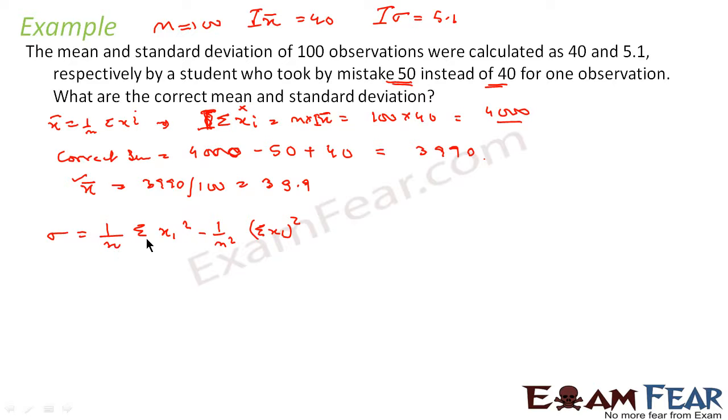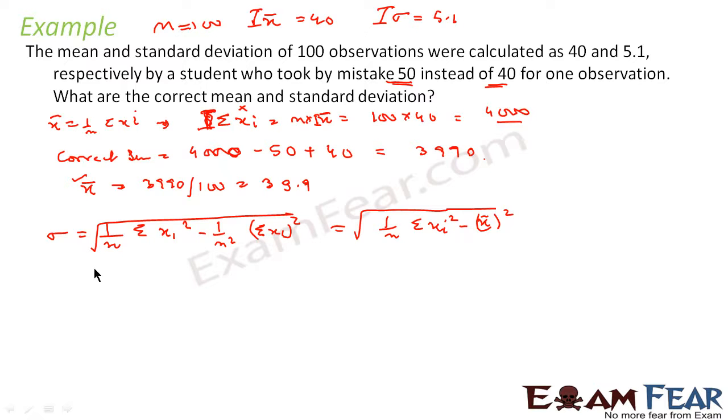And this is nothing but the mean. So we can also say it is the root of 1 by n sigma xi square minus mean square, because sigma xi by n is the mean.